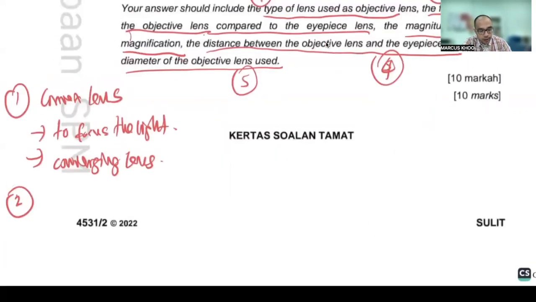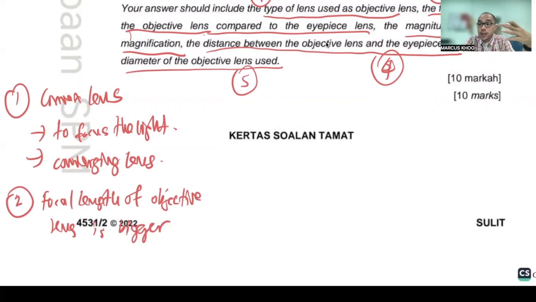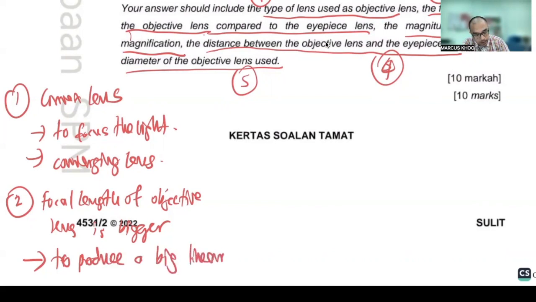So the focal length of the objective lens is bigger than the focal length of the eyepiece lens. Now why is this? This is a very standard one: to produce a big linear magnification.